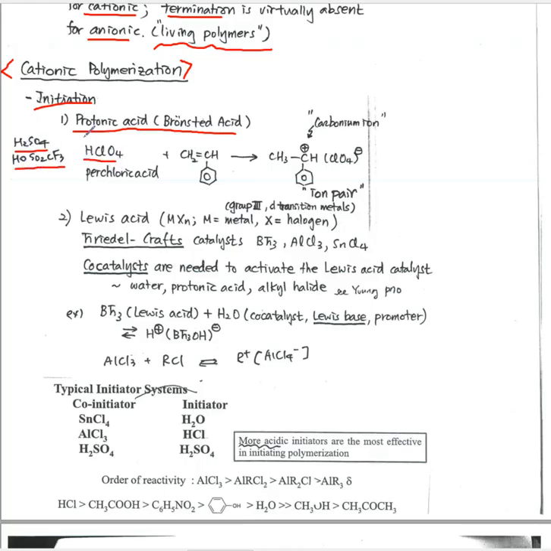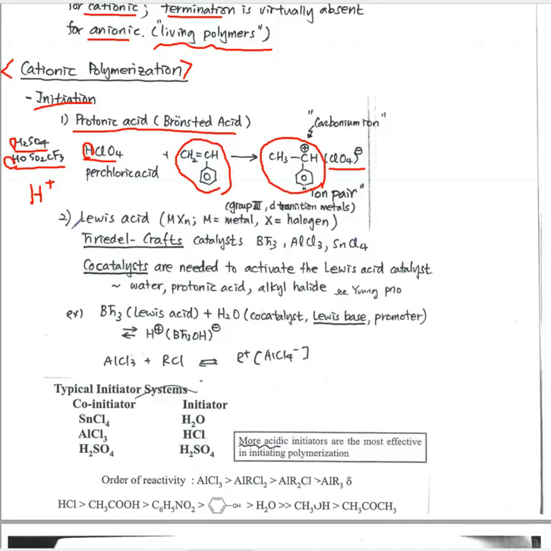If this strong acid reacts with monomer, it provides the H plus ion, basically forming this cation. And this one is just the counter anion.